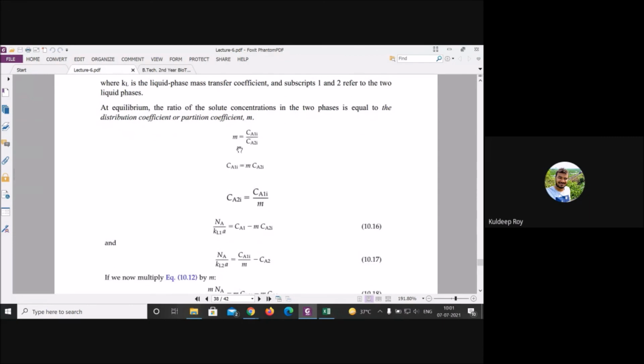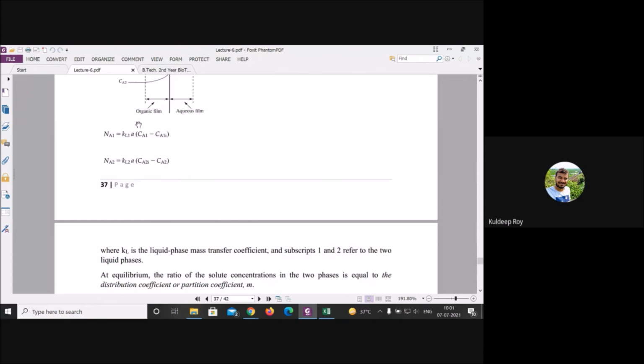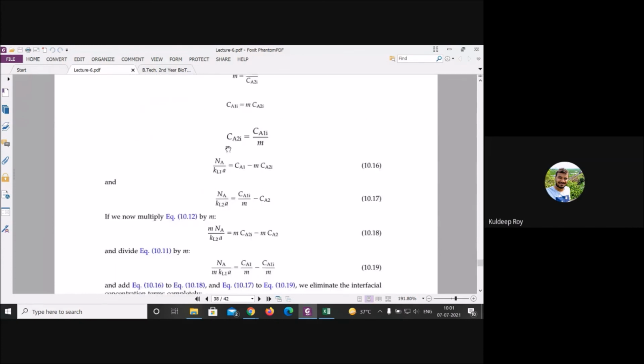After that, you have to do a little bit of rearrangement. Determine the concentration of Cai, you will get this expression. Put this expression here and you will get equations like that.